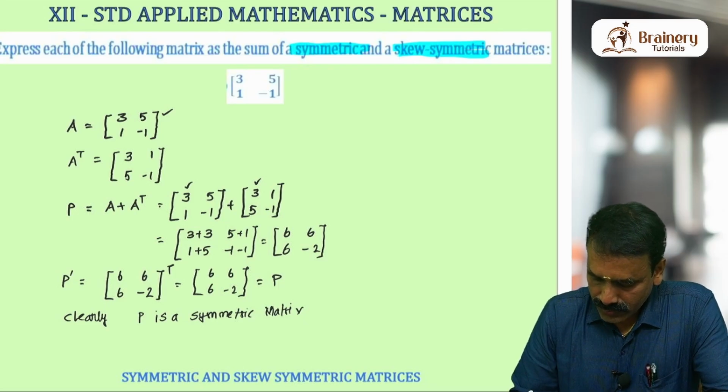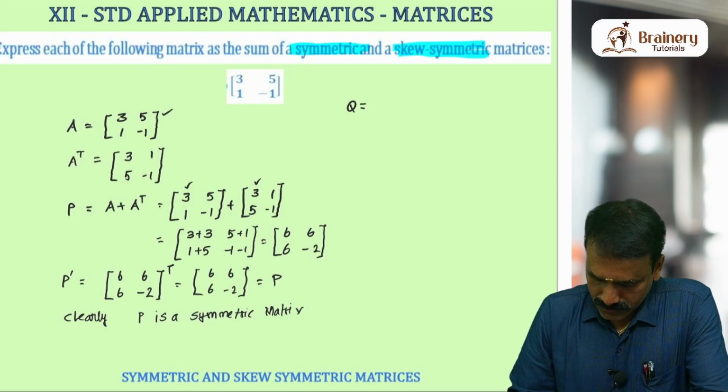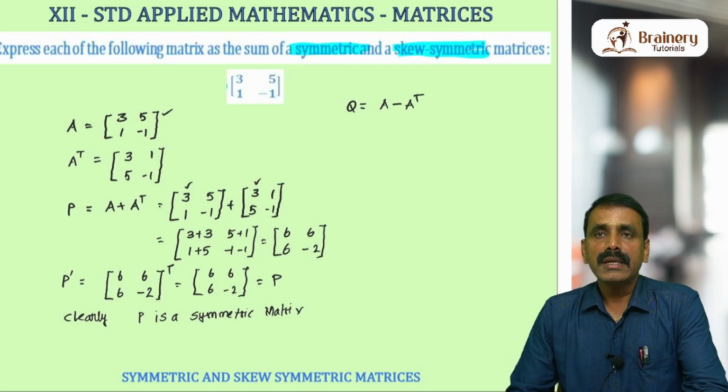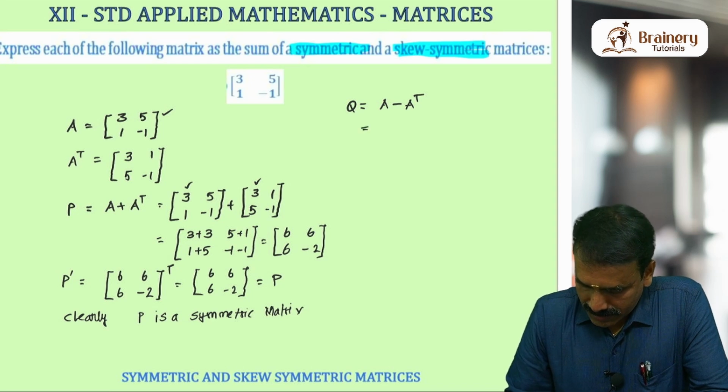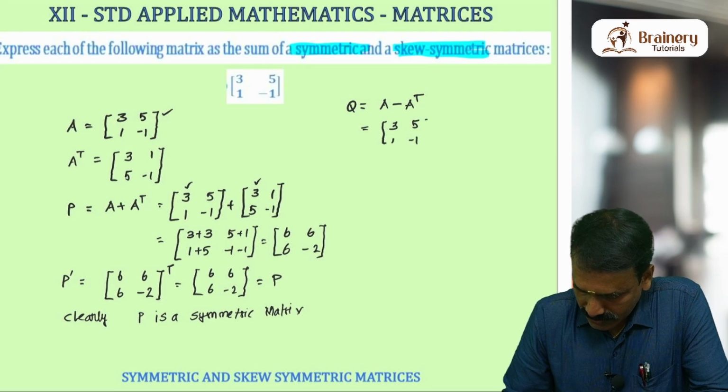How to find Q? Q is equal to A minus A transpose. So A matrix is [3, 5; 1, -1], minus of A transpose [3, 1; 5, -1].